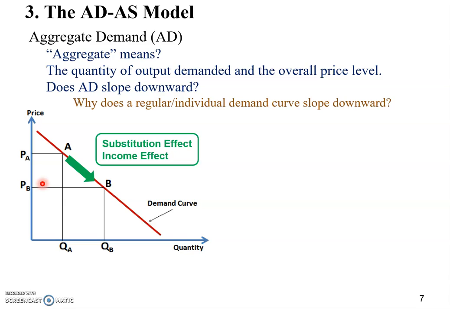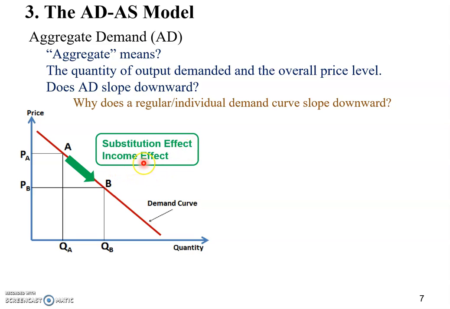For example, take the market for a smartphone, let's say the iPhone 12. When the price is lower, some people would quit purchasing Samsung smartphones or other ones like the Google Pixel. They will stop purchasing the substitutes and buy more of the iPhone 12. So that's the substitution effect.